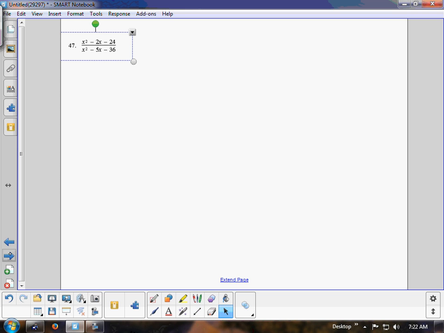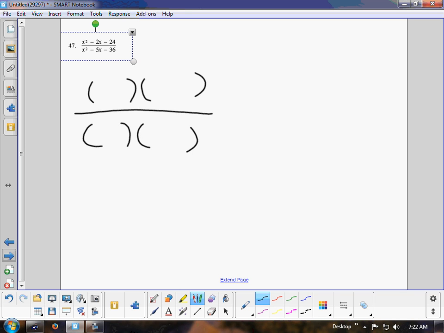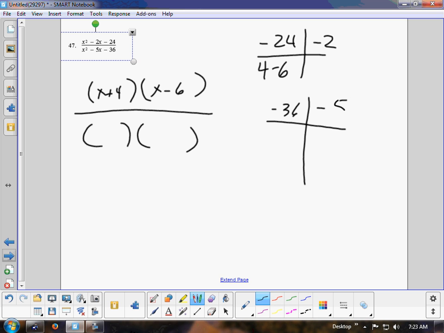Okay, moving to 47. This is a quick question. When there's 3, make a tree. The last shall be first. So my tree is t is negative 24 to add up to negative 2. That sounds like it's 4 and 6, and the 6 has to be negative. So I'm going to have x plus 4, x minus 6. And then the other tree is going to be negative 36, adds up to negative 5.